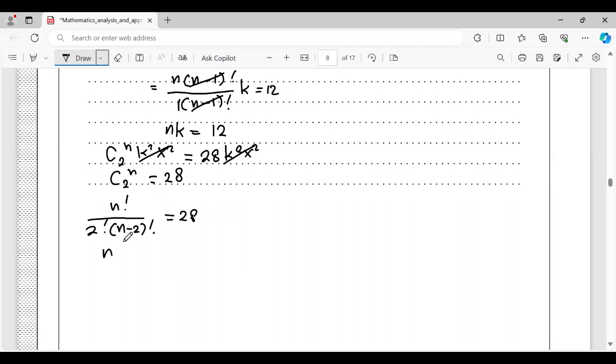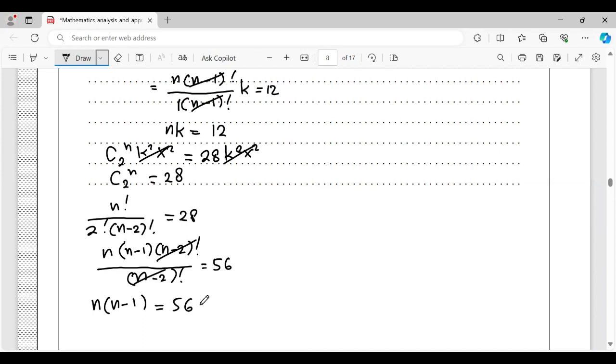So it becomes n times n minus 1 times n minus 2 factorial over n minus 2 factorial. 2 times 28 equals 56. Dividing n minus 2 factorial by n minus 2 factorial, it becomes n times n minus 1 equals 56.